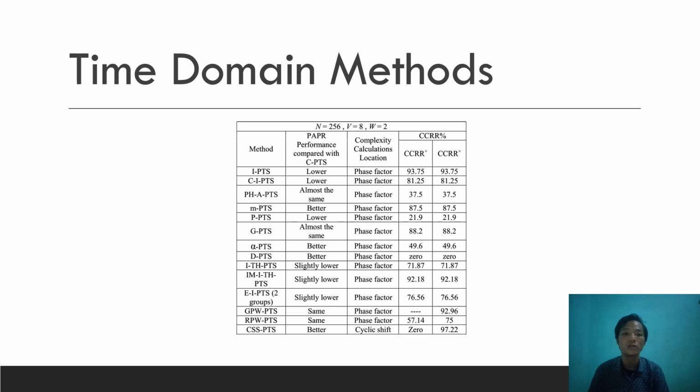On the other hand, the CCL of the modified PTS methods in the time domain is restricted by searching the optimum phase factor. Therefore, the modified PTS methods in the time domain could reduce the CCL significantly, but the PAPR per of them varied between low and high depending on the method used.